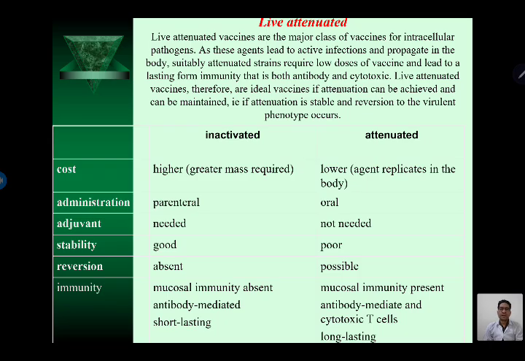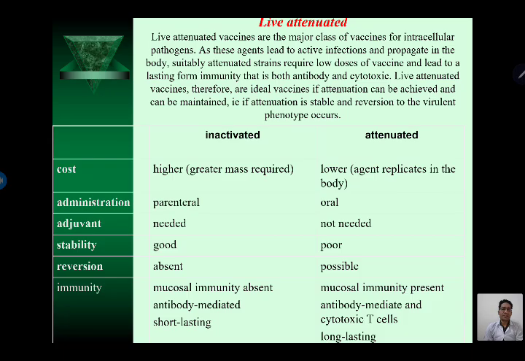Administration: inactivated is parenteral, and attenuated is oral. The adjuvant is needed for inactivated and not needed for attenuated. The stability of inactivated is good and attenuated is poor. Reversion is absent in inactivated and on the other hand is possible.